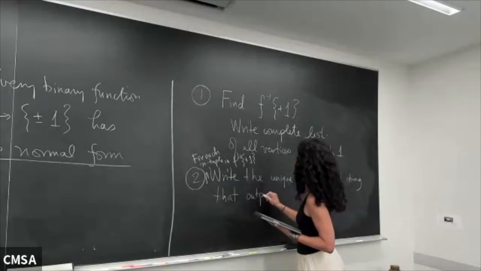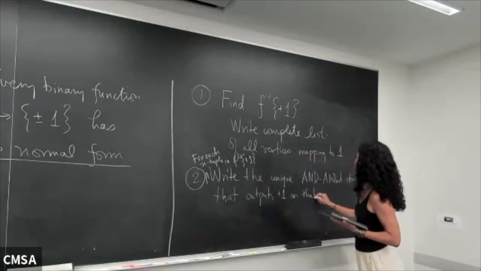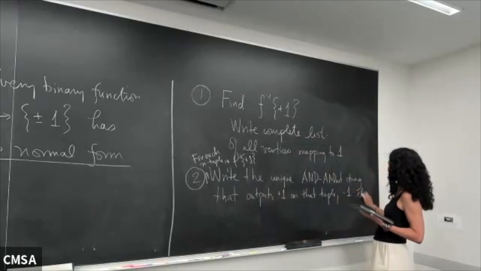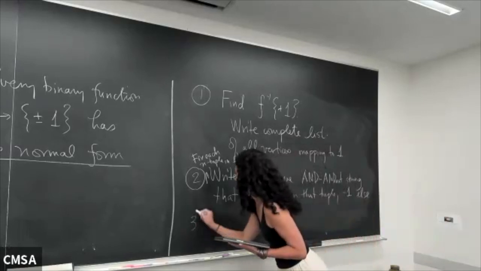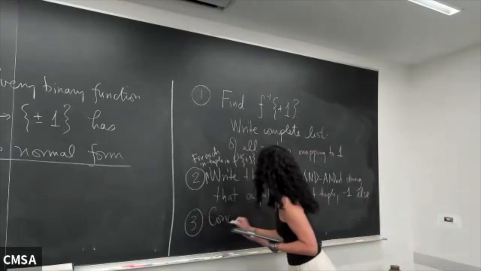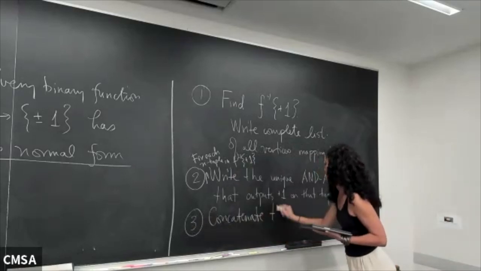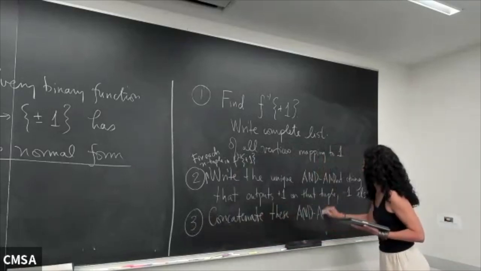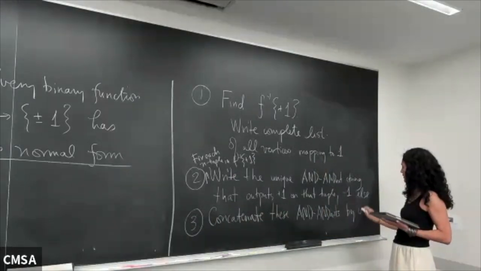That outputs +1 on that tuple, -1 else. And then you just concatenate these ands and nots by ors.